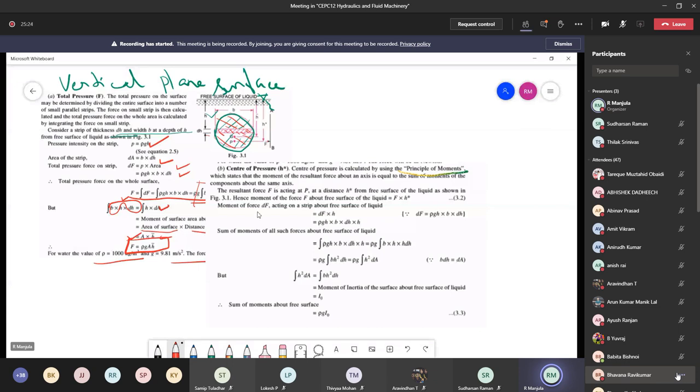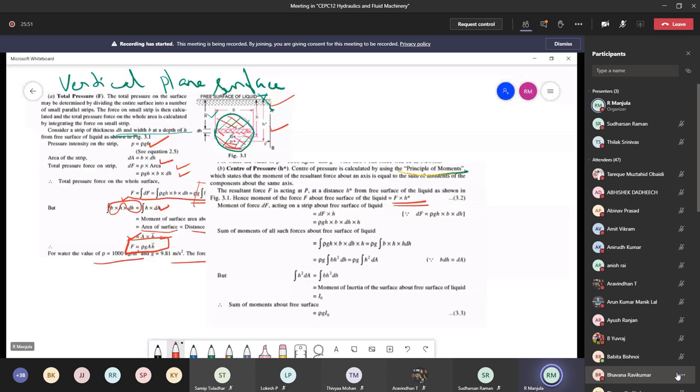Hence the moment of this force F about the free surface of the liquid is F into H star.